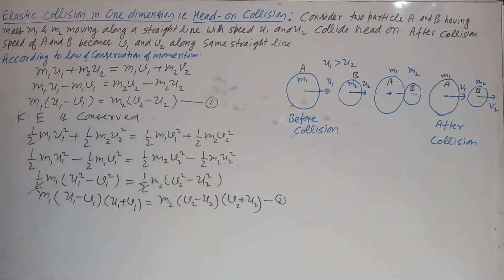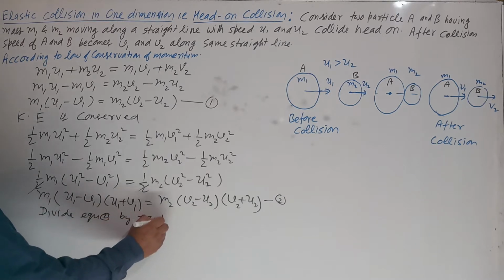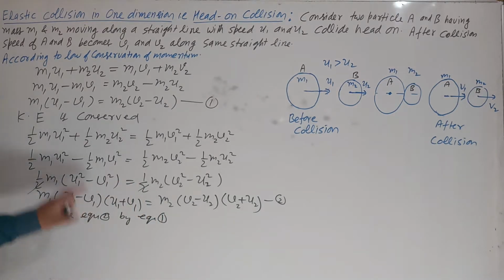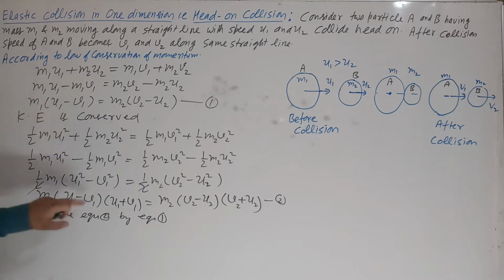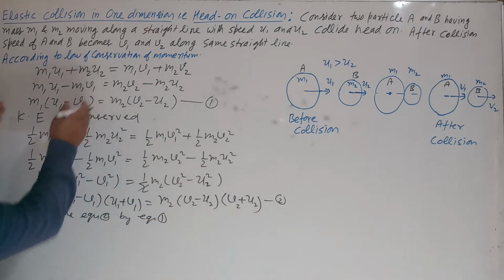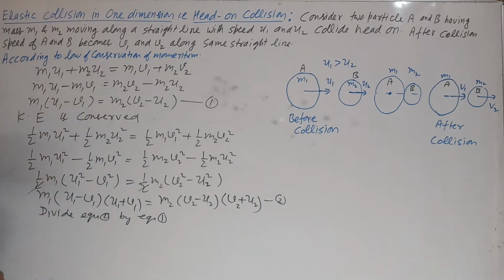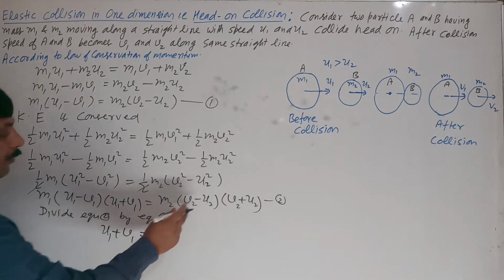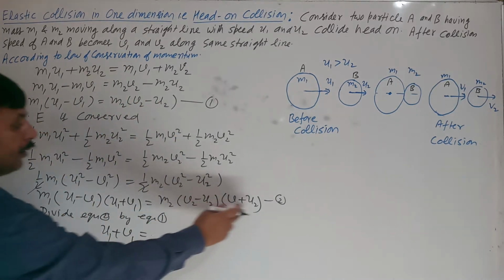If we divide equation 2 by equation 1, what happened? See, here m1 (u1 minus v1), there also m1 (u1 minus v1), so these will cancel out. When we divide 2 by 1, m1 cancels, u1 minus v1 cancels, so what is remaining is only u1 plus v1 is equal to v2 plus u2, since m2 and v2 minus u2 also cancel out.